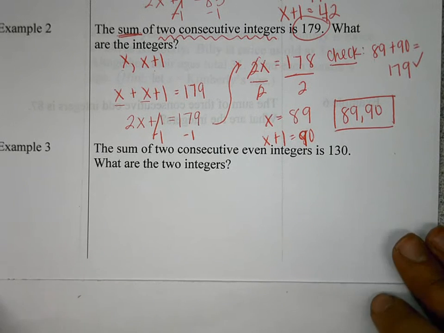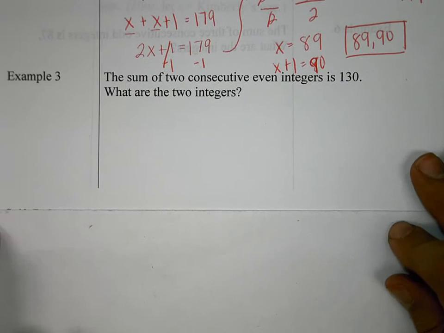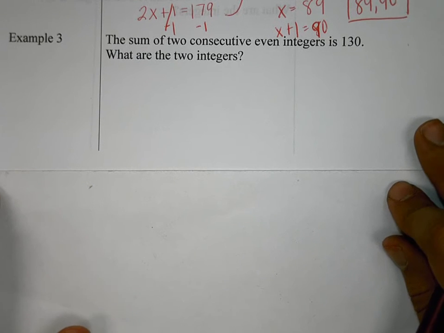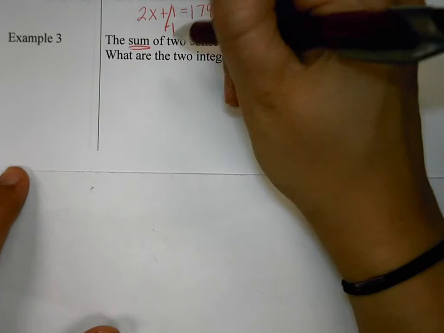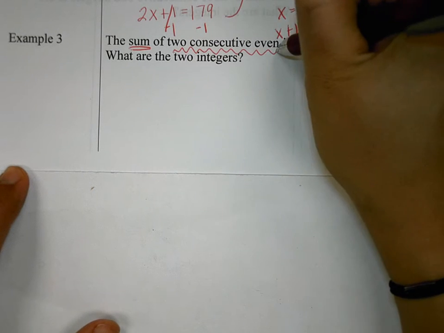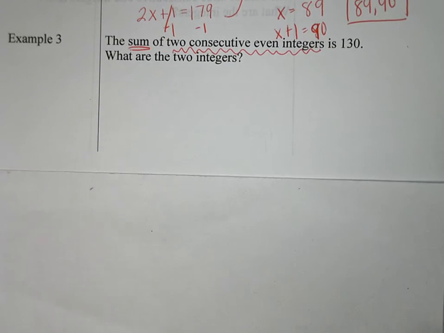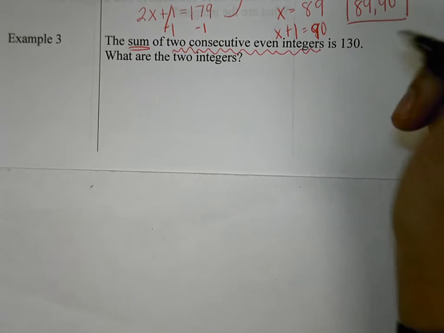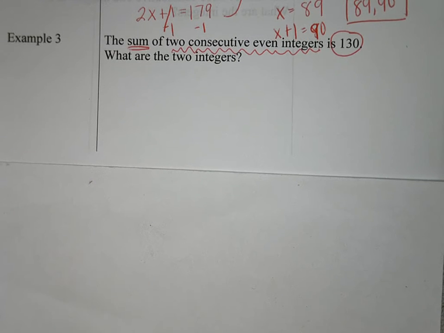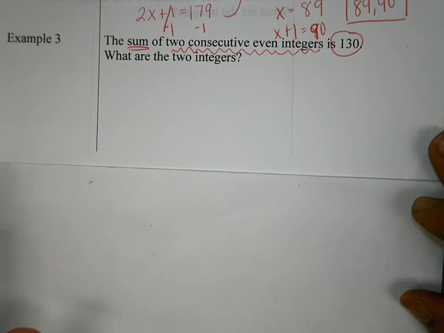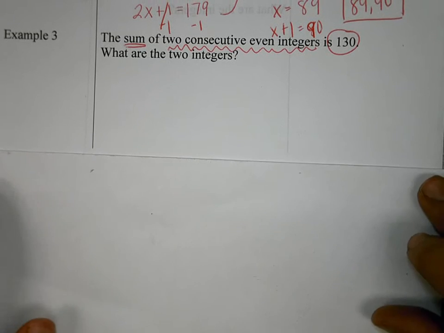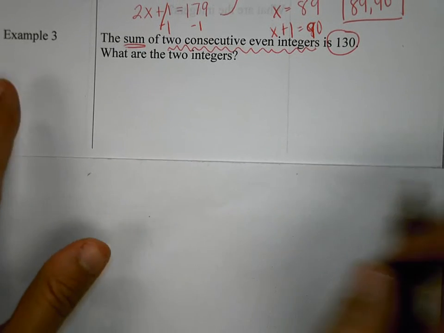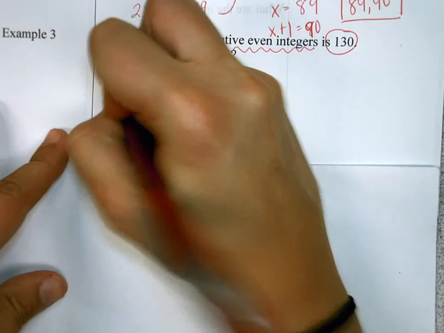Example 3. Example 3 says the sum of two consecutive, so we're looking at sum again, two consecutive even integers, so this time we're going to be looking at even integers, is 130. What are the two integers? So if I'm looking at two consecutive even integers, my first one will always be x.